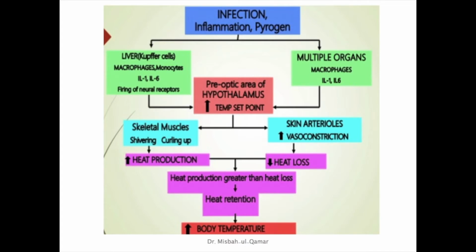And you must be familiar with the term antipyretics. Now, these antipyretics, they are the drugs which decrease the formation of this prostaglandin E2. For example, aspirin. And this is how they reduce fever.